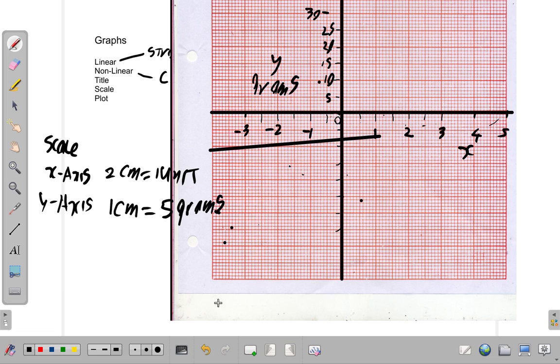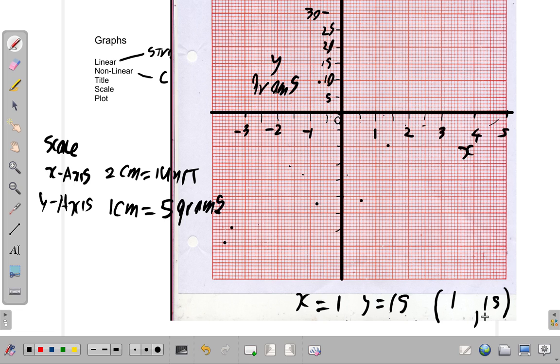Now, we want to show a certain point that we plot. Let's say we want to identify the point where x is equal to 1 and y is equal to 15. Generally, instead of writing down x equals 1 and y equals 15, you write 1 comma 15.